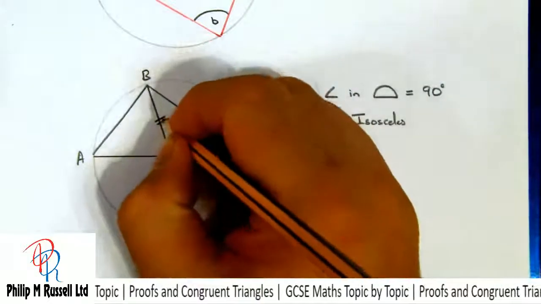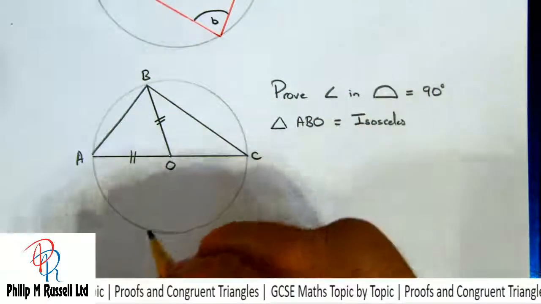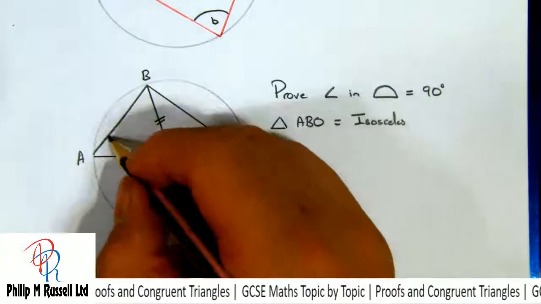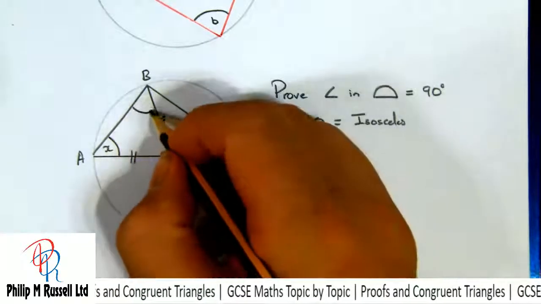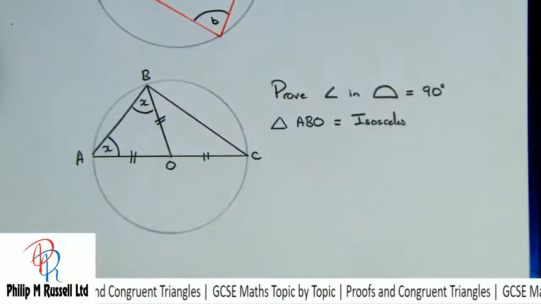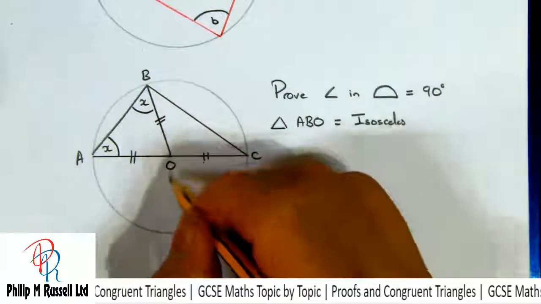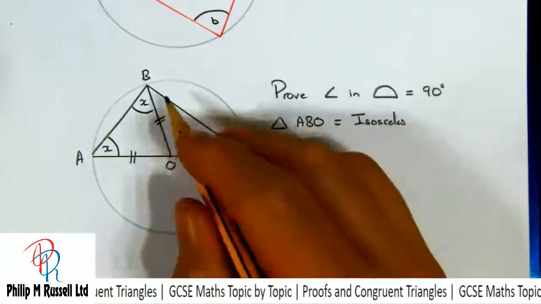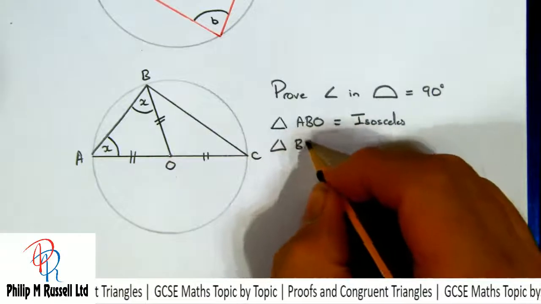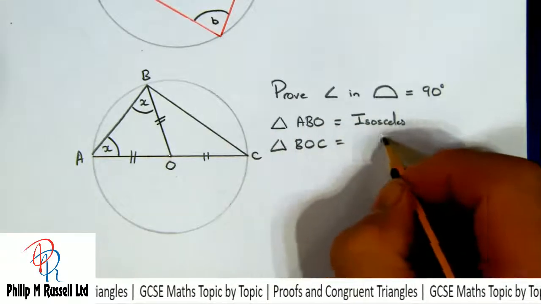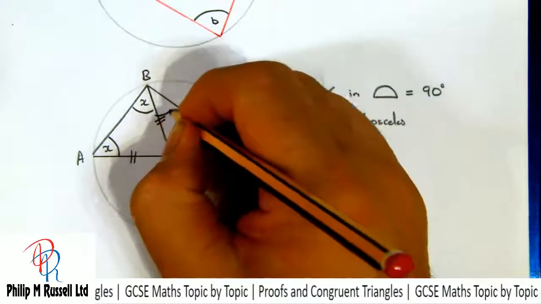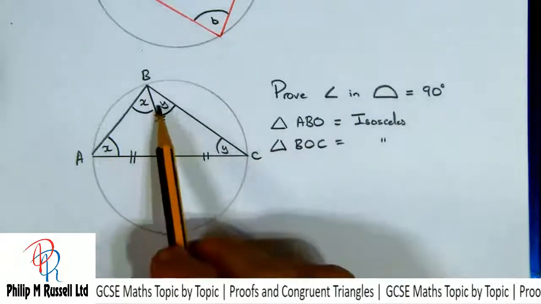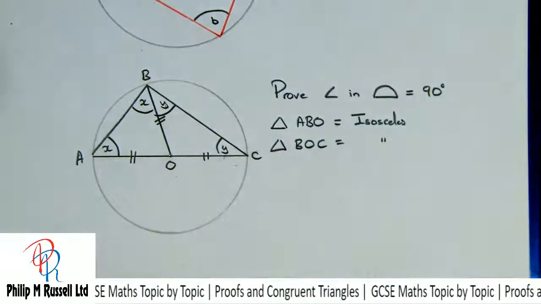Well, we know that these are radii, and so therefore I know that this is angle X, and therefore this will also be angle X. These triangles I've drawn different sizes deliberately, but we can also look at triangle BOC, and I can also say that this is isosceles. So therefore, because two radii are equal, the angle Y's are the same.